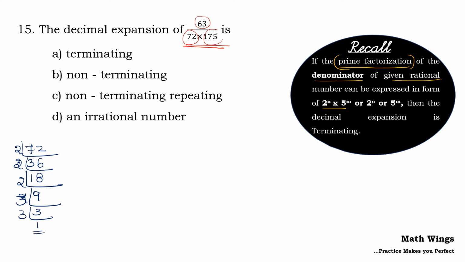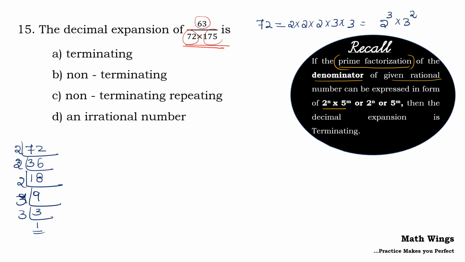Therefore, the prime factorization of 72 is equal to 2 into 2 into 2 into 3 into 3, which is equal to 2 cube into 3 square.